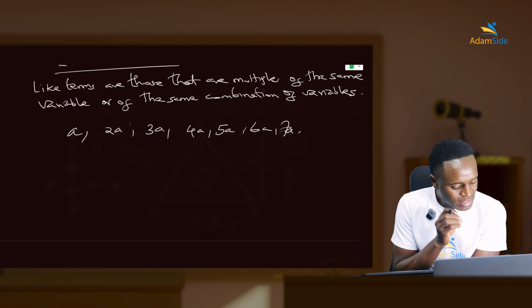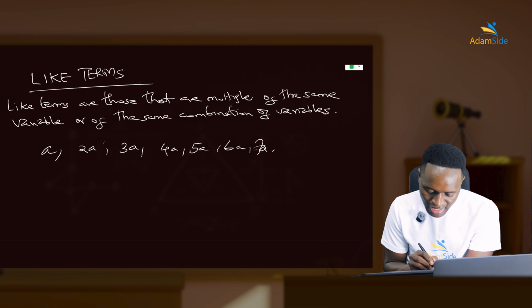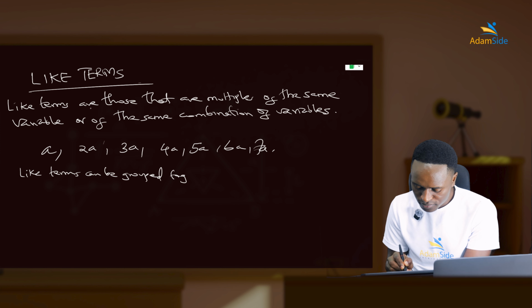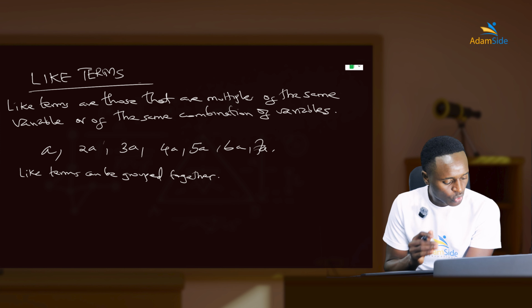So they can be put into groups. So we can collect these like terms. So we say like terms can be grouped together. Yeah, like terms can be grouped together.